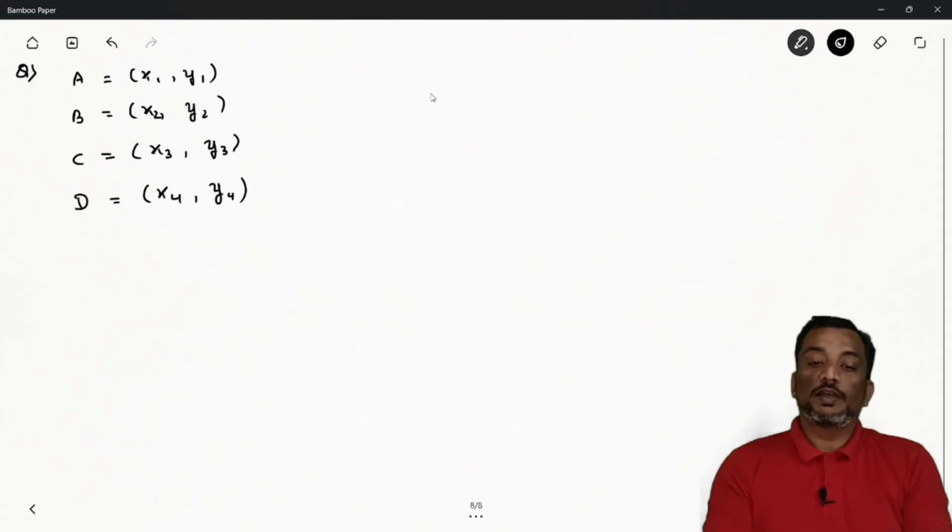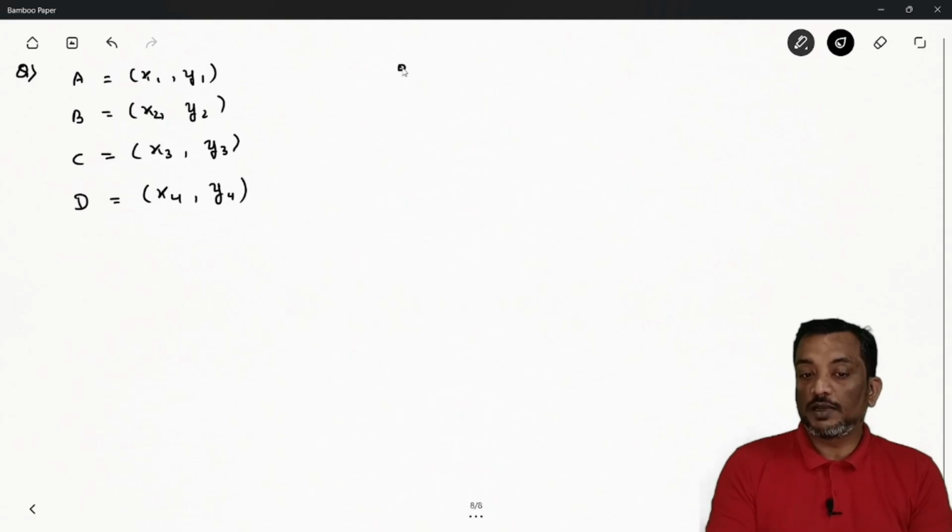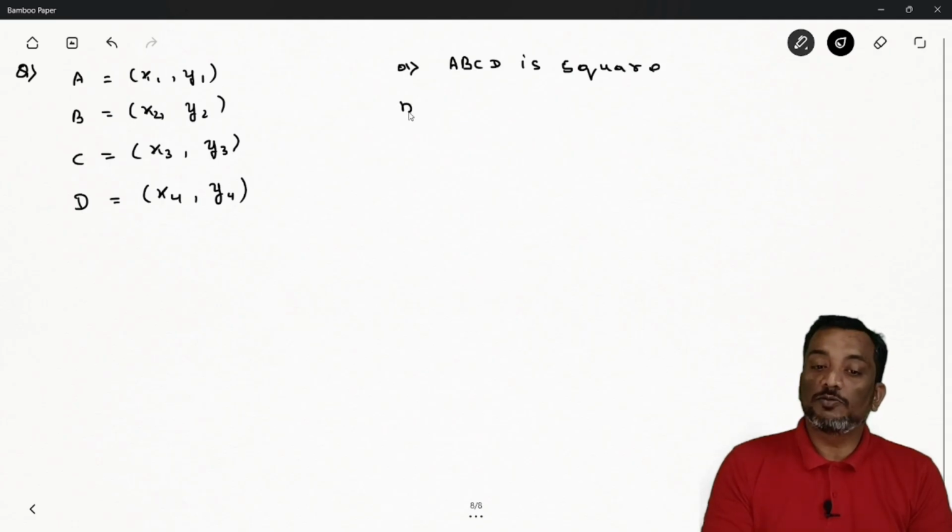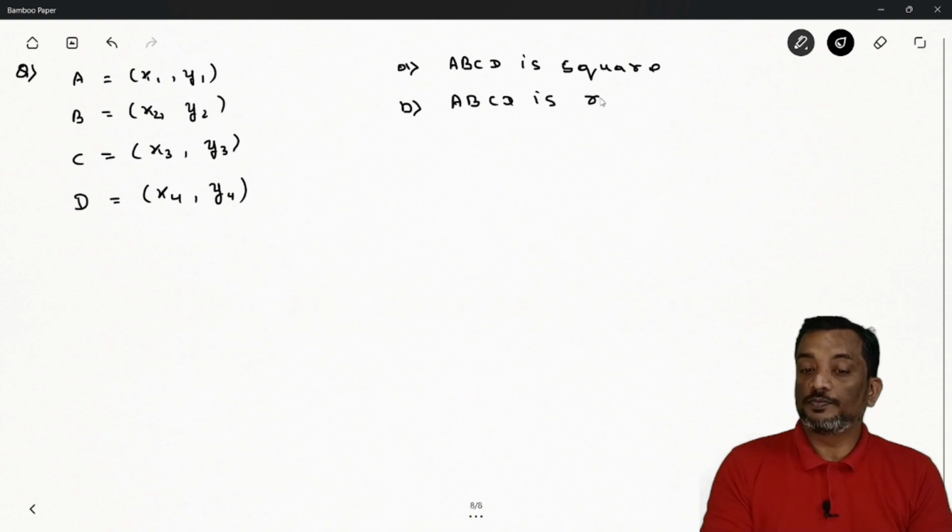Here I'm just showing you the types of questions they are asking. First they will say, hey, prove that ABCD is a square. Second, they will ask, prove that ABCD is a rectangle.